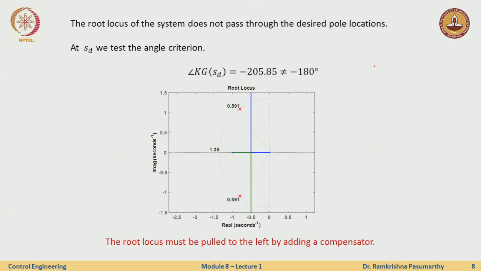So I am looking at the given dominant pole, and I will always denote this as SD. Okay, now does this lie on the root locus of the closed loop system?